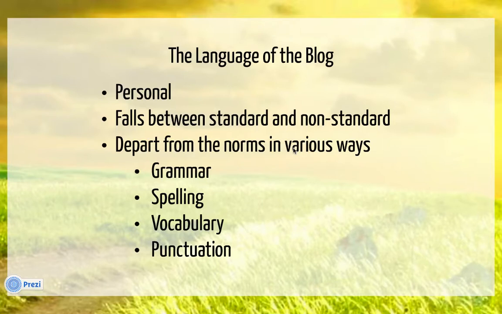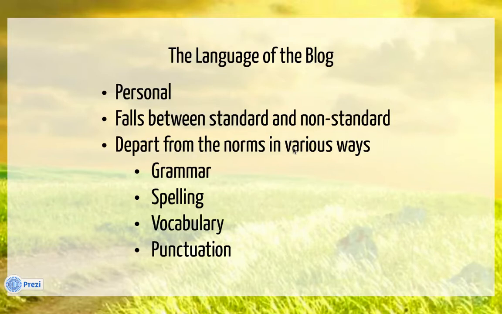So the language of the blog tends to contain some elements of standard English and some elements of non-standard English, and this depends largely on individuals. More importantly, the language of the blog tends to depart from the norms in a number of ways: in grammar, in spelling, in vocabulary, and of course in punctuation.